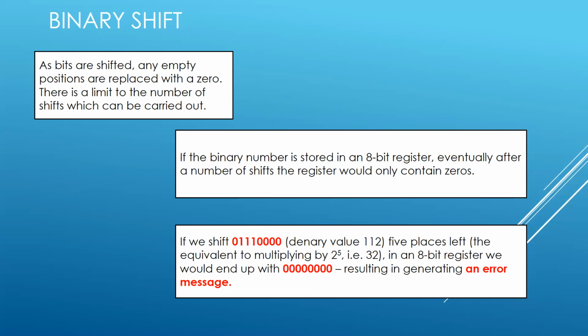By the way, is 112 multiplied by 32 zero? Definitely not. And this is what you need to understand, that there's a limit to the number of shifts that can happen. And your answer will be, as we have learned, left shift means multiplying by 2 or powers of 2, and right shift means dividing by powers of 2. Fine, be cautious about it. You can get a question regarding this also.